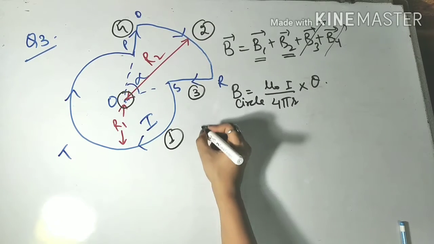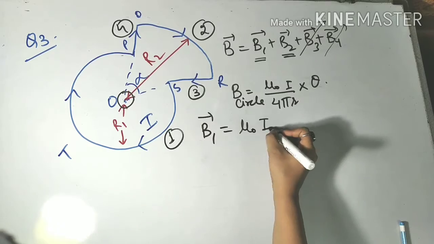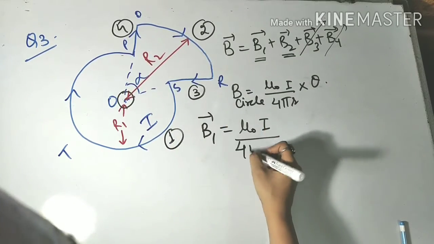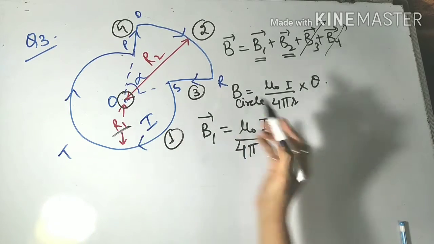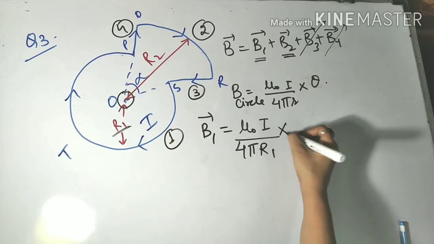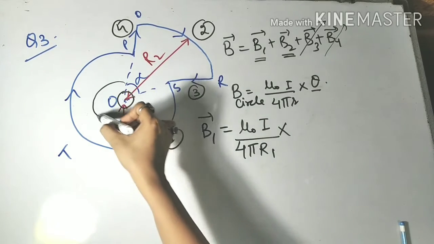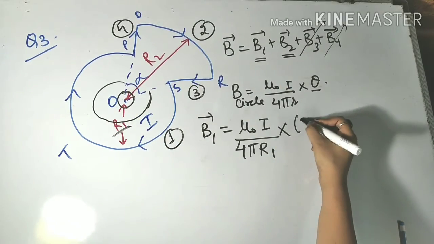So here B1 vector is equal to mu naught I, flowing throughout the circle, by 4 pi. What is R for B1? R for B1 is R1 here. Substitute R1. What is the angle theta? If this angle is alpha, what is this whole angle? This whole angle for this whole circle is 2 pi minus alpha.